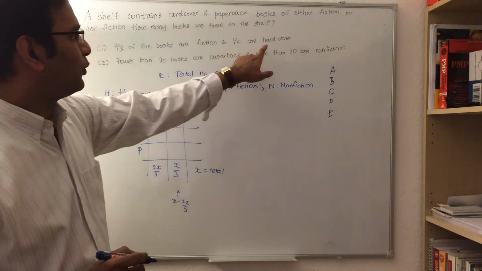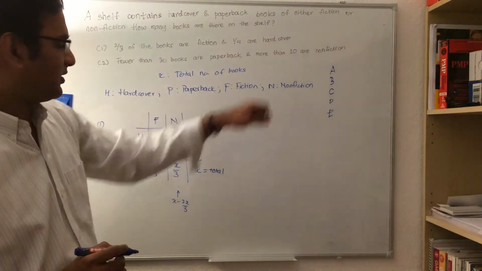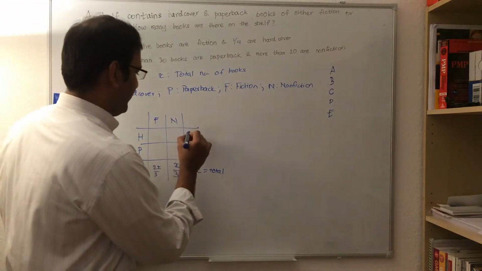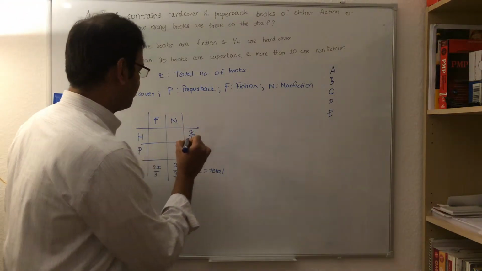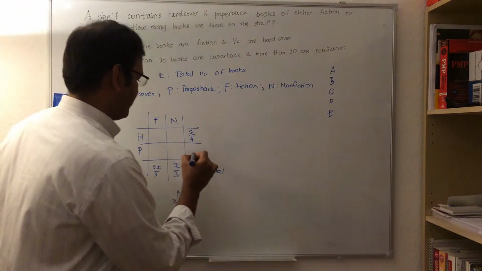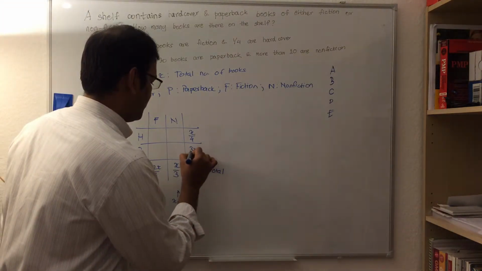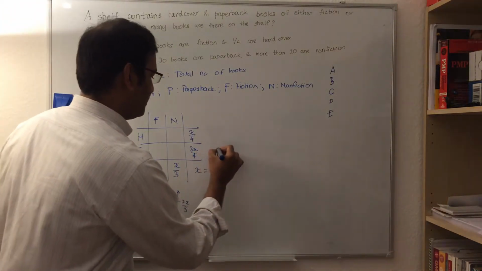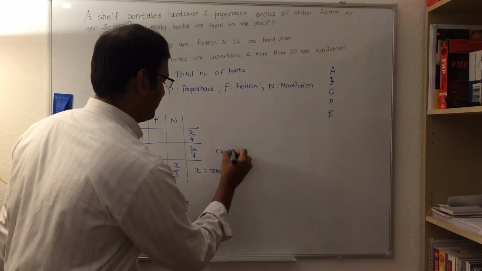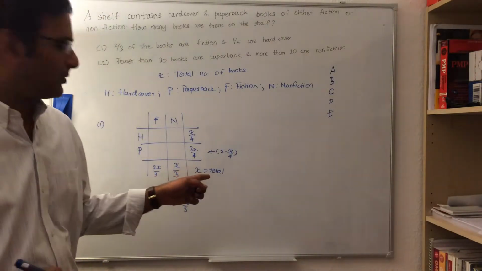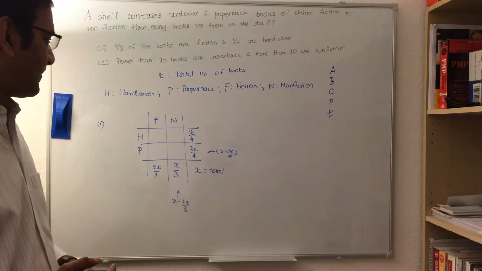And we also know that 1/4 of the total number of books are hardcover. So this row represents the number of hardcover books. So x over 4 represents the total number of hardcover books. Similarly, 3x over 4 represents the number of paperback books. How did we come to the value? x minus x over 4 gives us 3x over 4, which is the total number of paperback books.